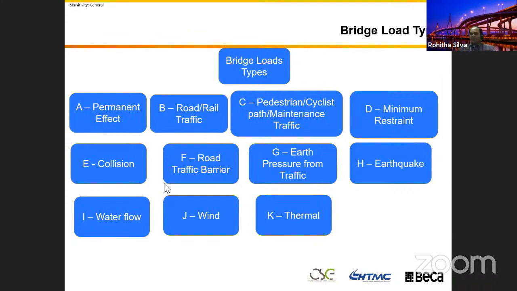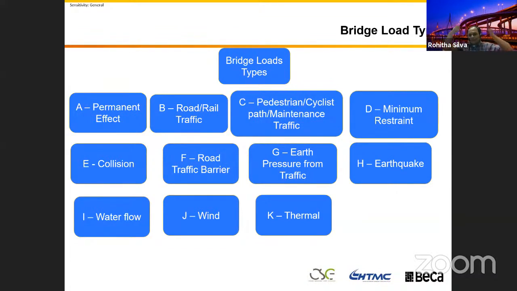Then the bridge traffic barrier, of course, we have on the top. There is always the possibility that a vehicle goes and impacts your bridge barrier on the top. So we have to design for the traffic barrier. That is also an ultimate limit state event.